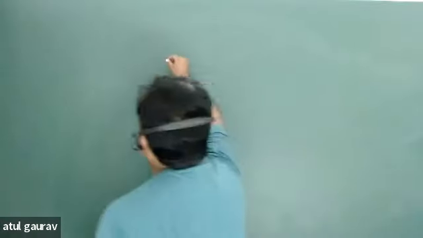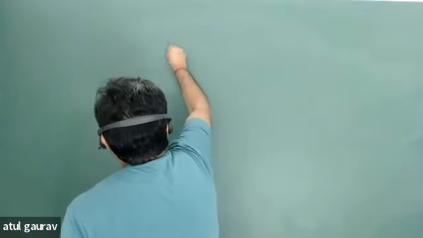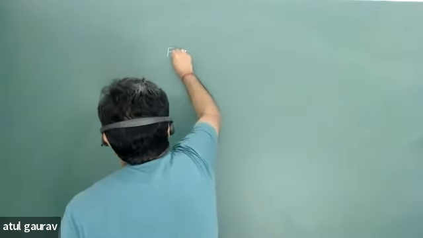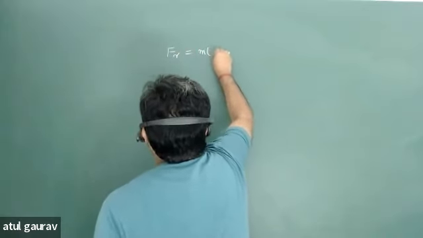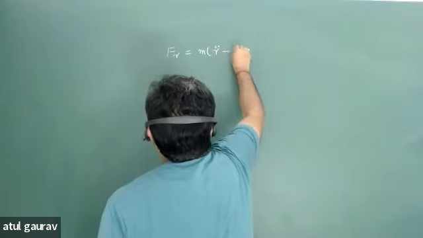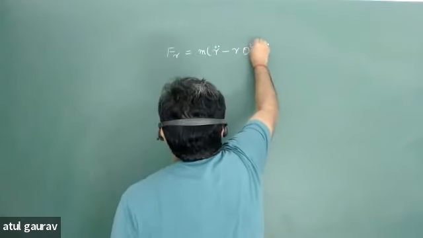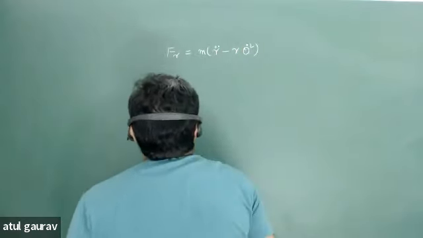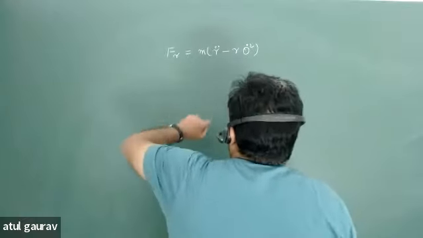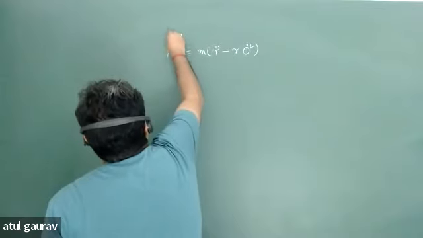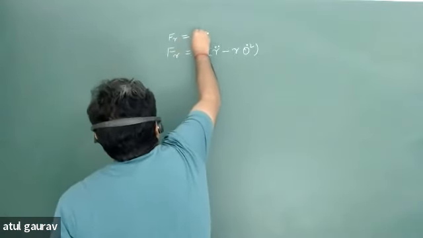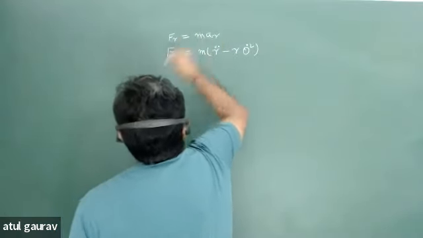Now, what is your equation of motion in the two-dimensional plane? The equation of motion is Fr is equal to m times r double dot minus r theta dot square. And what is this particular Fr? Fr is equal to m a_r. Basically, we have written this particular thing: Fr is equal to m a_r.